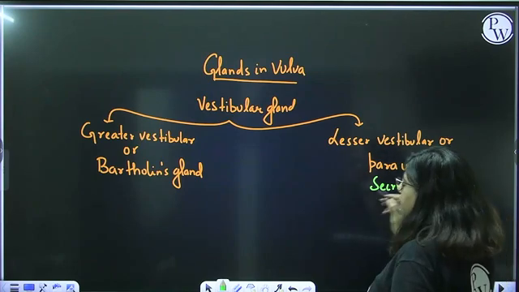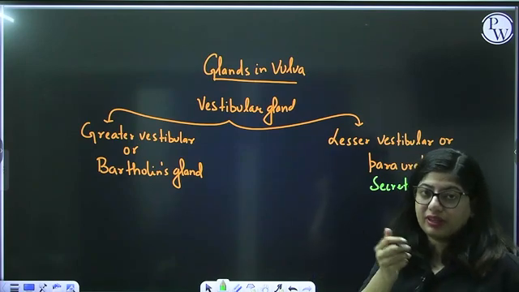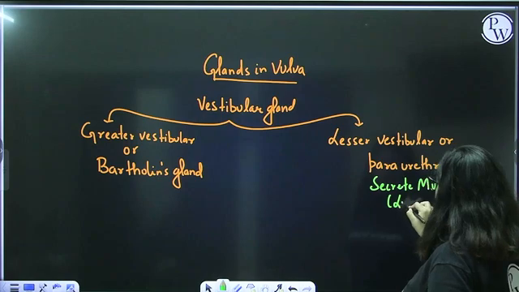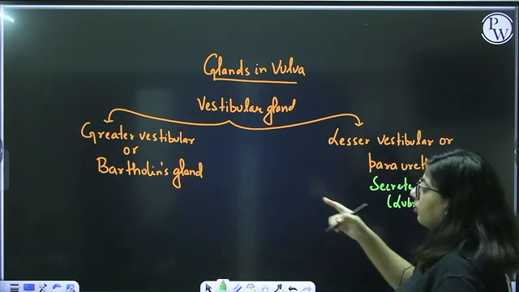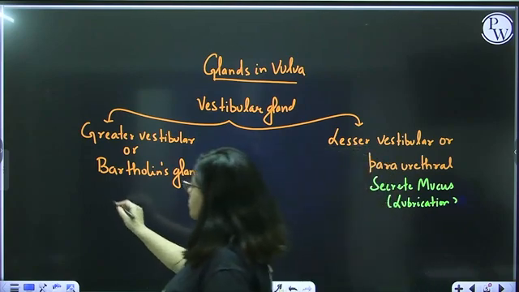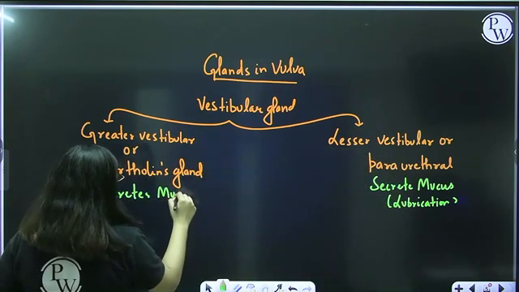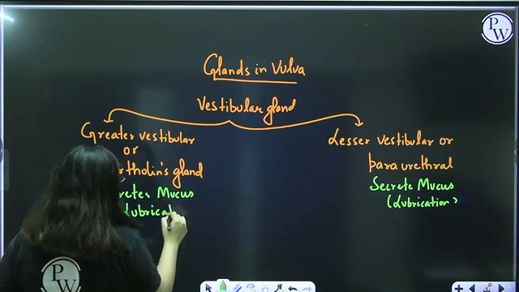So if some gland is secreting mucus, just like the bulbourethral gland, its function will be lubrication. So what will be its role? It will help in lubrication. Same goes for your Bartholin gland. It also secretes mucus. So its function is also in lubrication.